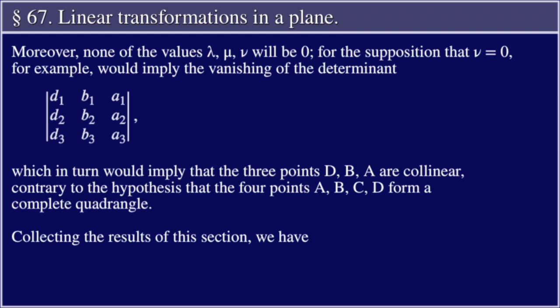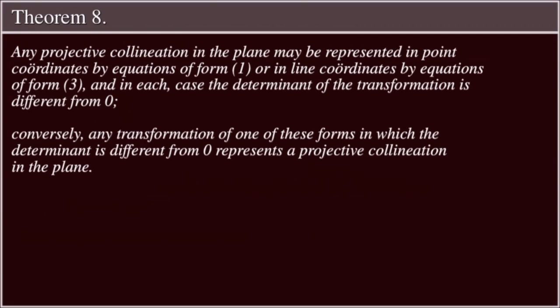For the supposition that nu equals 0, for example, would imply the vanishing of the determinant with columns D1, D2, D3, B1, B2, B3, A1, A2, A3, which in turn would imply that the 3 points D, B, A are collinear, contrary to the hypothesis that the 4 points A, B, C, D form a complete quadrangle. Collecting the results in this section, we have Theorem 8.